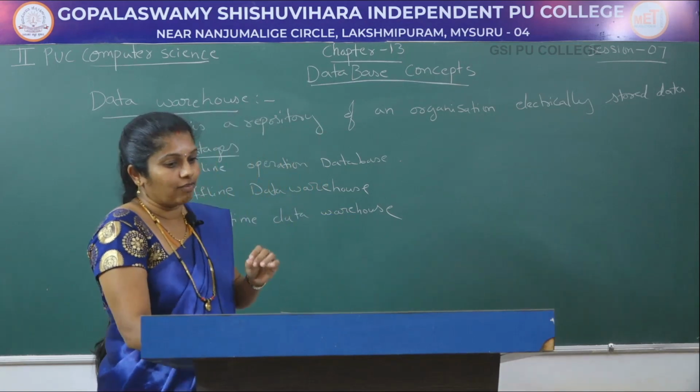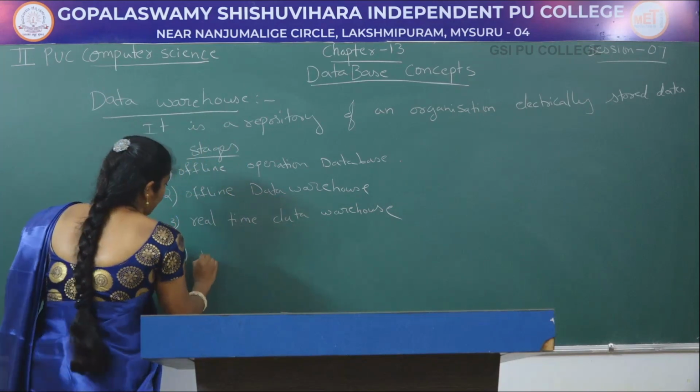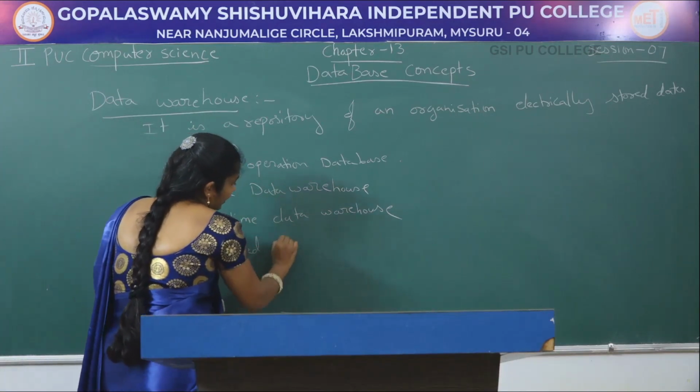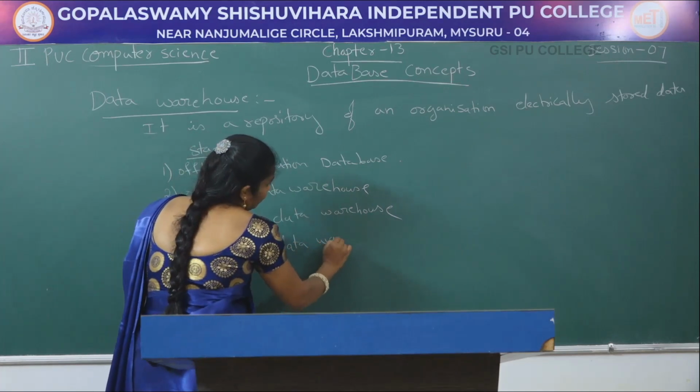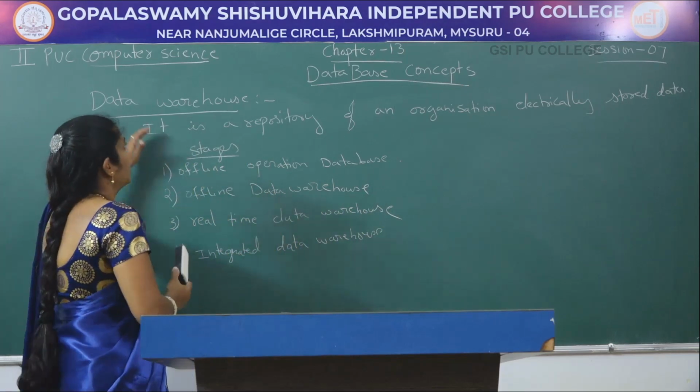The second one is offline data warehouse. Then real time data warehouse, and the last one is integrated data warehouse. These are the stages under data warehouse.